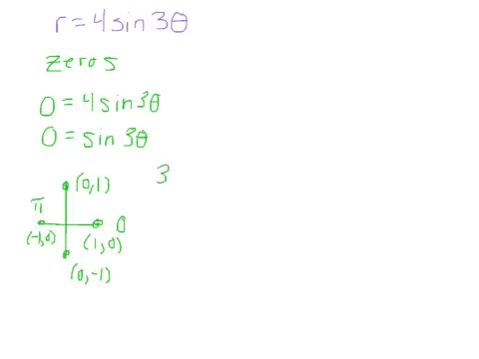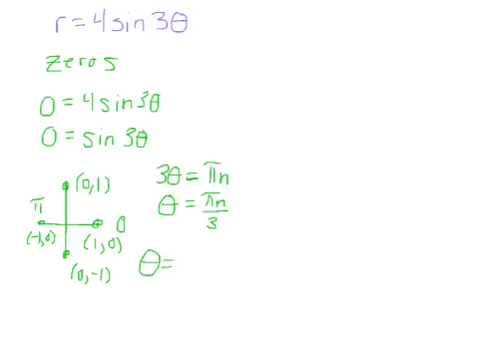So we have 3 theta equals 0 and pi, which would be 0 plus pi n, or just pi n. So we have theta equals pi n over 3. So we need to list all of those zeros out.